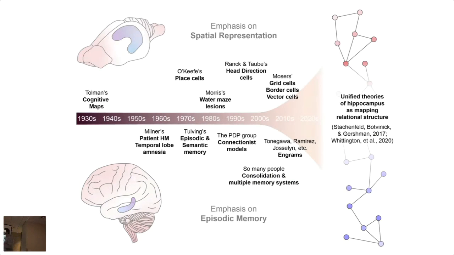But there's this other very rich and important history of hippocampal research on memory. And Giuseppe talked about that earlier. And more recently, there's been some theories that have unified these different streams of hippocampal research into more generalized models of cognitive mapping and memory. And actually, Patrick talked about a little bit of this in his talk today as well.